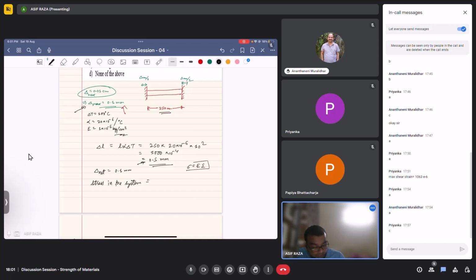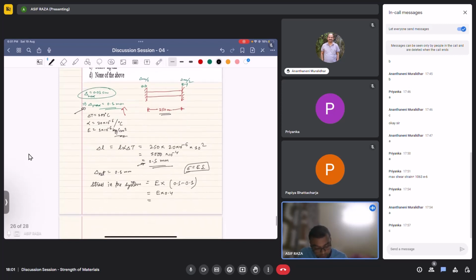In this case, stress would be equal to E times 0.4 upon the length, which is 250, so E times 0.4 upon 250.